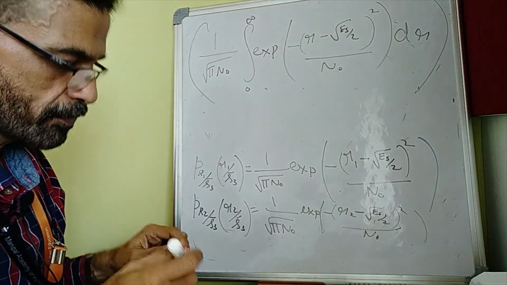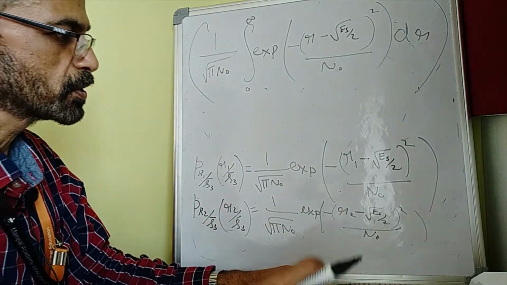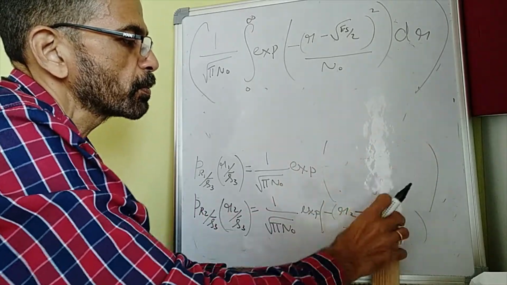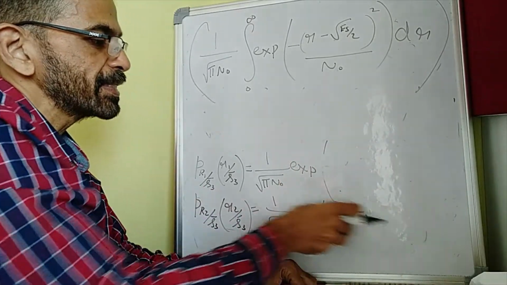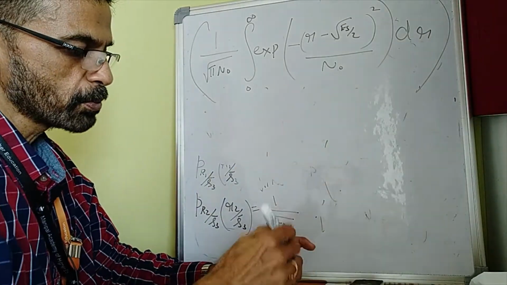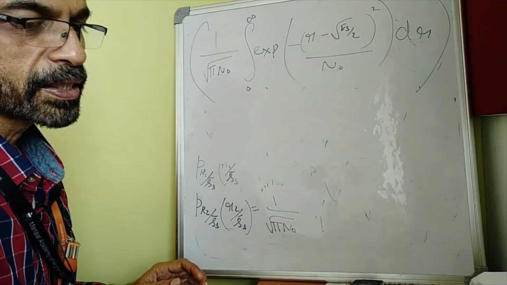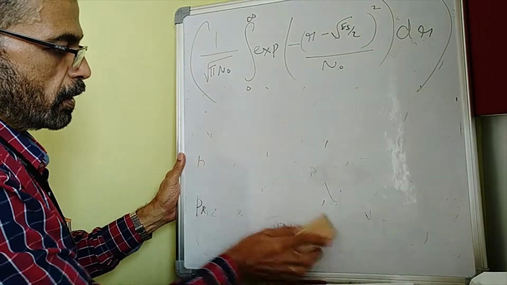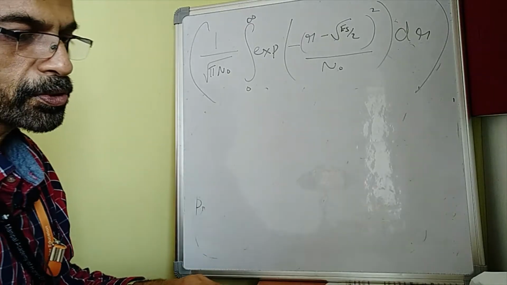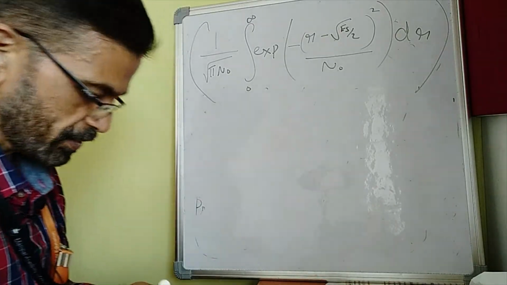You're going to integrate it with limits 0 to infinity. Now this gives the probability of S3(t) being detected correctly, which means that 1 minus this will give us the probability of an error in detecting S3(t).